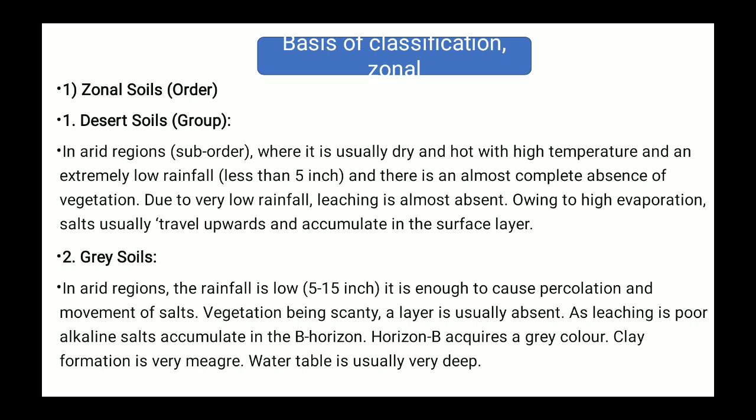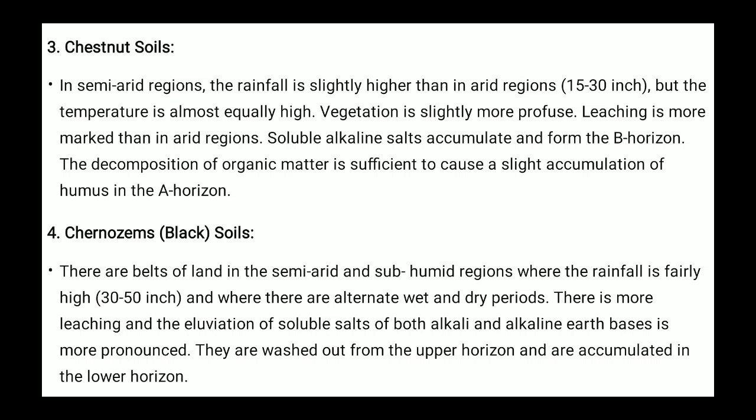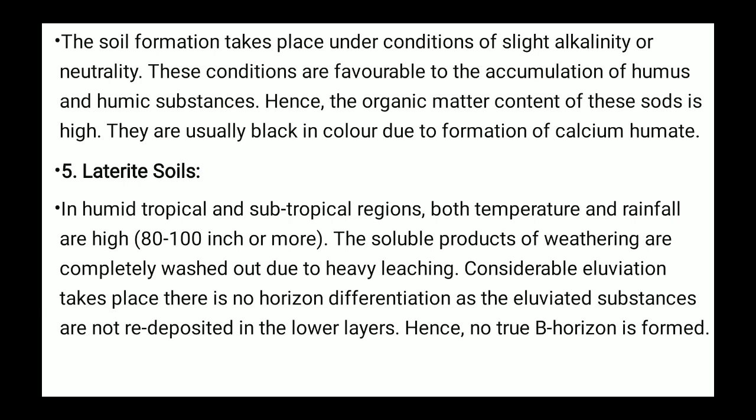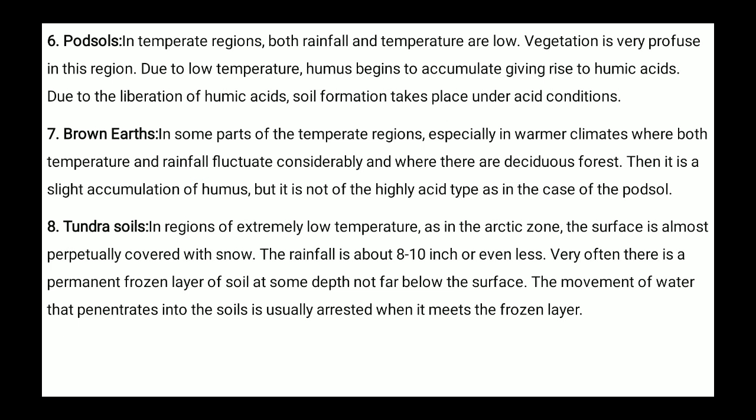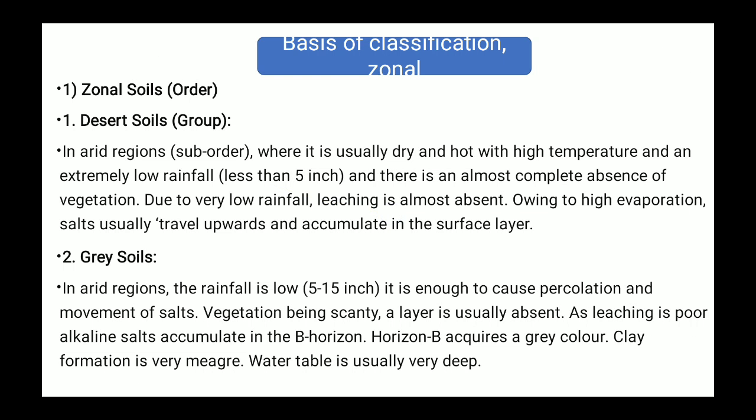This zonal soil is classified into several parts. The first is desert soil, grey soils, chestnut soil, then Chernozem soil and laterite soil. After that, podzol, brown earth and tundra soil are also part of this. So firstly, we are going to focus on the desert soil group.